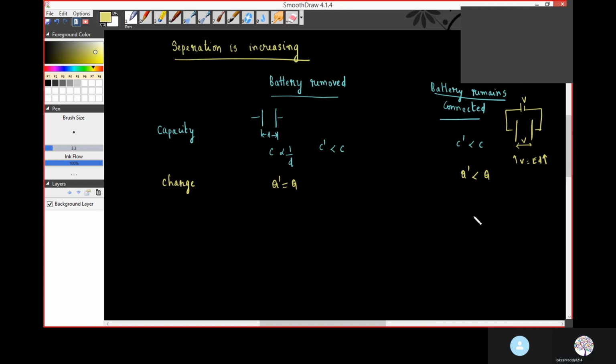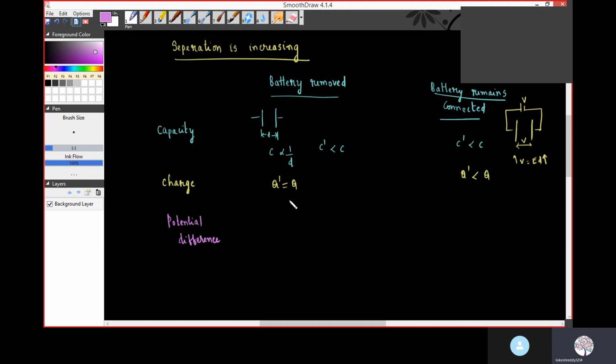Then what about the potential difference? What happens to the potential difference?